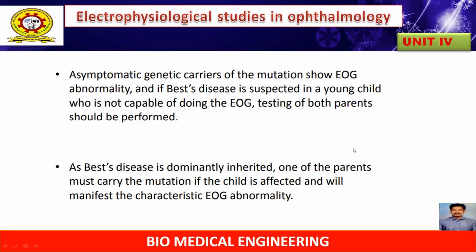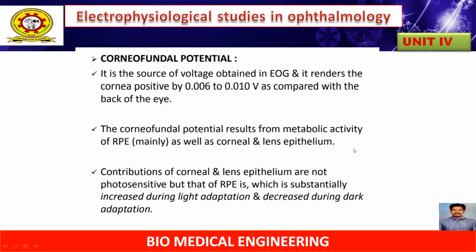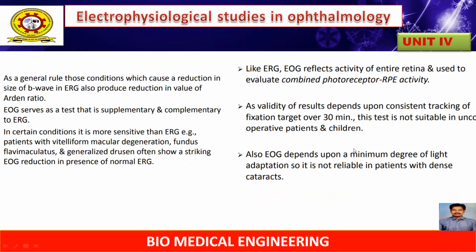In such conditions, we have to conduct this test for both the patient and the concerned attenders also. Best disease is dominantly inherited. One of the parents must carry the mutation if the child is affected, and it is mainly characterized by the EOG abnormality. So these are the possibilities of our EOG, a very important test for ophthalmology.